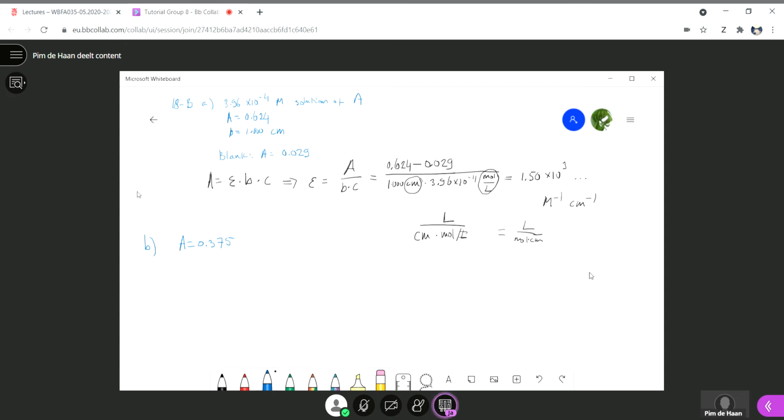Okay. So first thing we've got to do, don't forget the blank. So this is going to be A equals 0.375 minus 0.029. It's the same solvent, so we can use the same blank. And what we want to know now is the concentration, right?